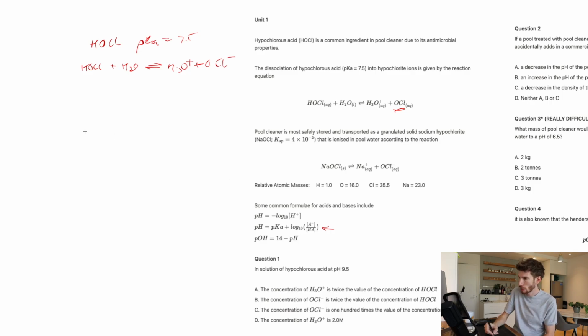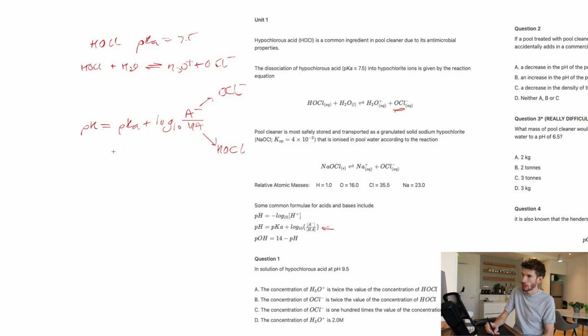So let's just write it out first. pH equals pKa plus log10 of A negative over HA. So really the A negative in this particular dissociation is the conjugate base, which is the hypochlorite, and the HA is the protonated form, which is the actual acid itself, right?